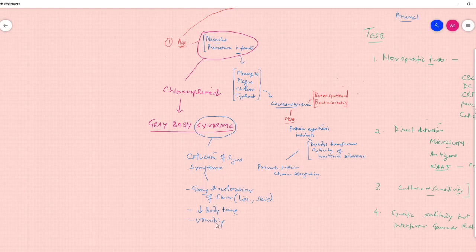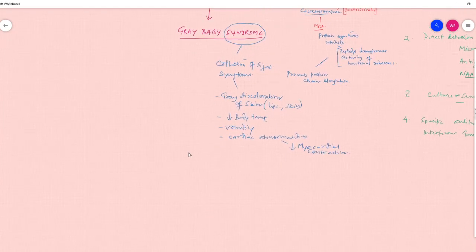There is vomiting, and there are cardiac abnormalities. Okay. What cardiac abnormality? Decrease in myocardial contraction. Okay. So yeah, so gray baby syndrome is this.